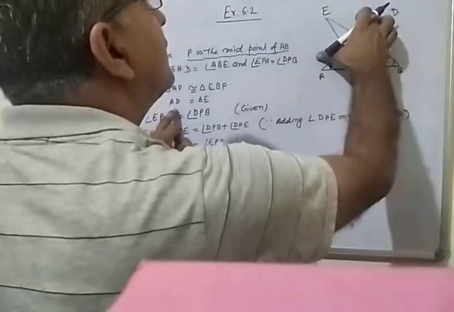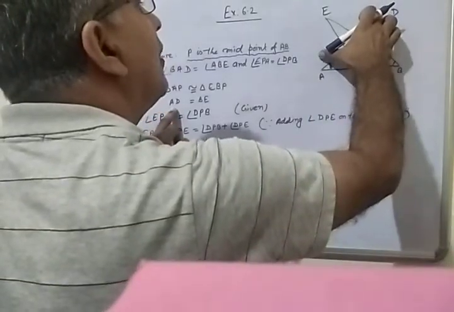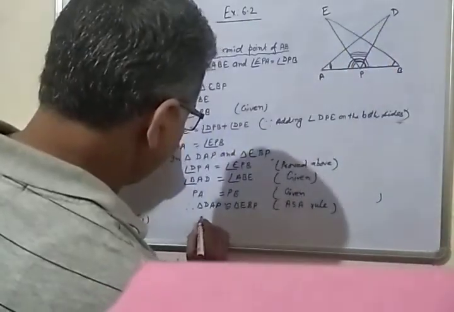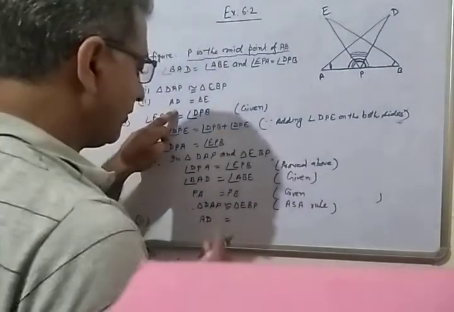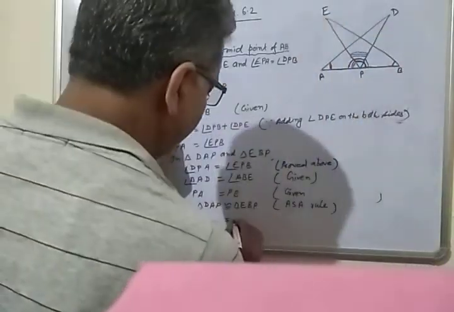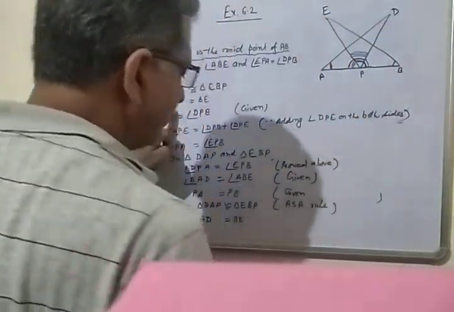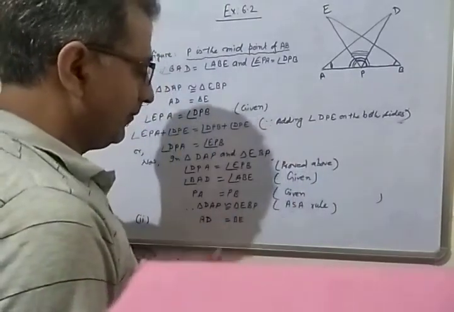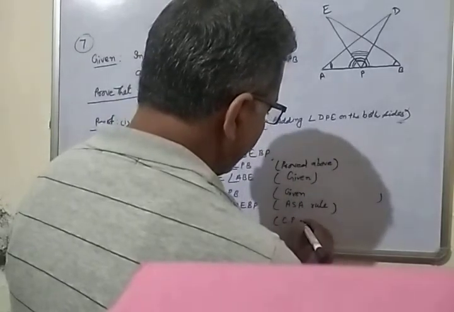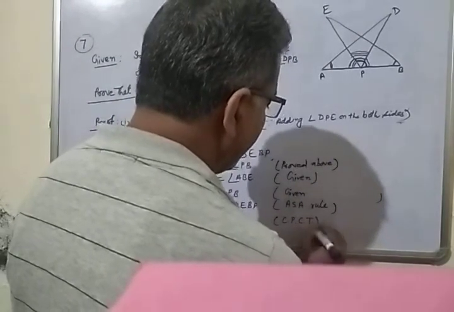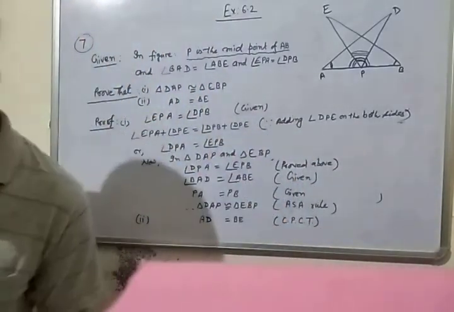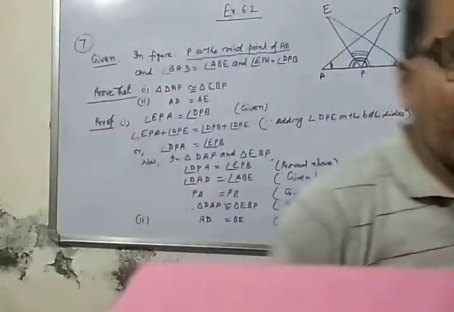AD is a side of triangle DAP and BE is a side of triangle EBP. Both will be equal because of the property CPCT for congruent triangles. This one is question number 7. Note it down, please.